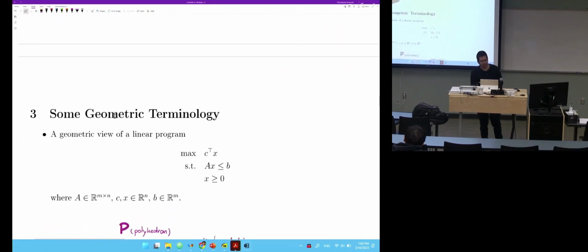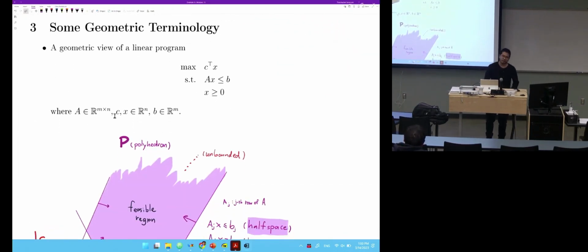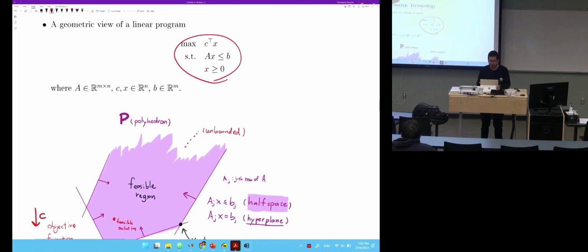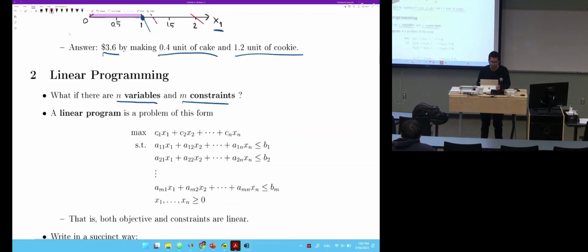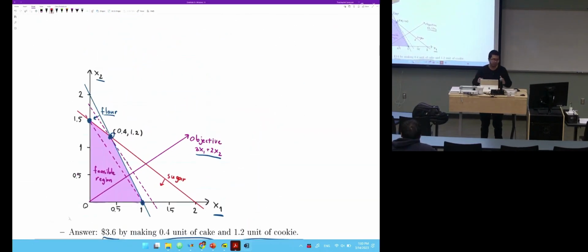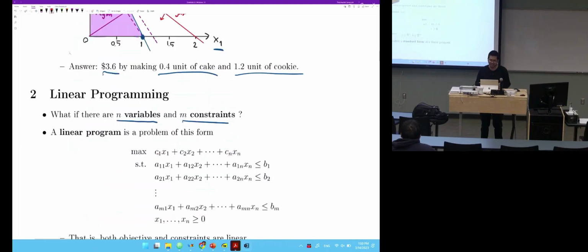So let me tell you a bit more about some geometric terminology related to linear program. You have this linear program, and similar to what we have seen, which is a two-dimensional geometric interpretation of what is going on.